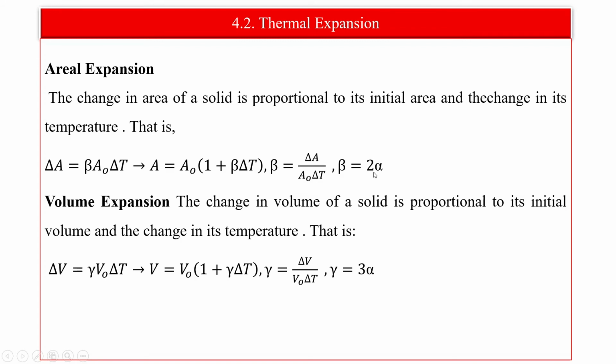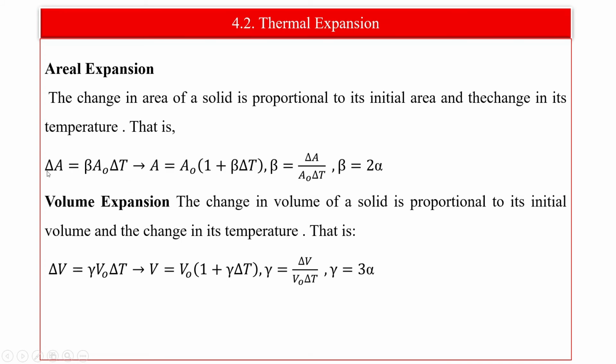It's not considered in one-dimensional expansion, just linear expansion. So we have beta times the original area multiplied by the change in temperature, where change in area is directly proportional to the original area, and also directly proportional to the change in temperature.